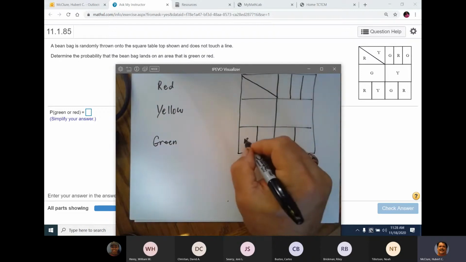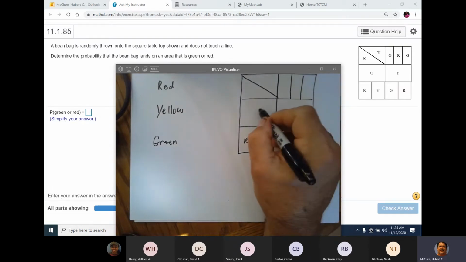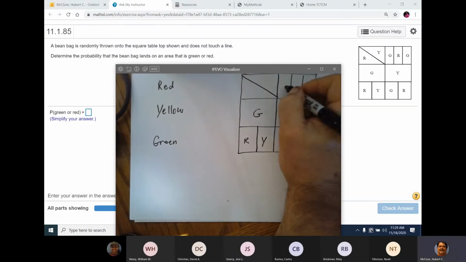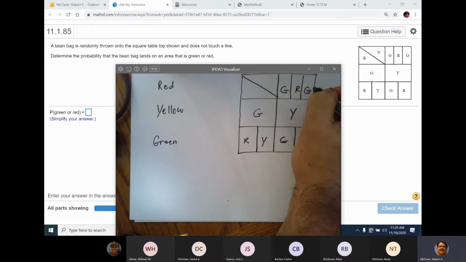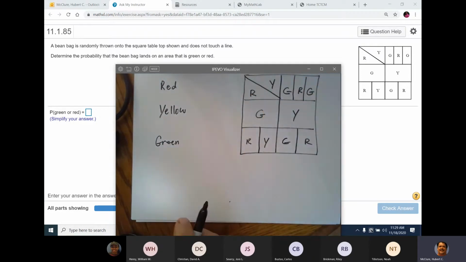Red, yellow, green, red, green, yellow, green, red, green, red, and yellow.